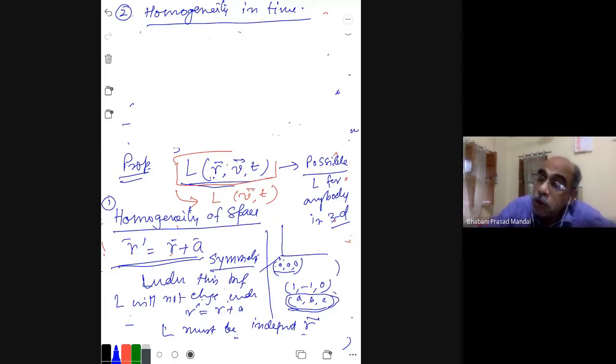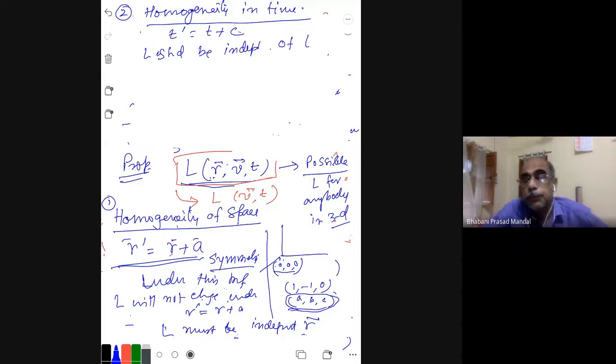Homogeneity of time means that t prime going to t plus c, I change time from 10 o'clock to 11 o'clock, 11 o'clock to 12 o'clock, and it does not depend on this. So the Lagrangian L should be independent of t.